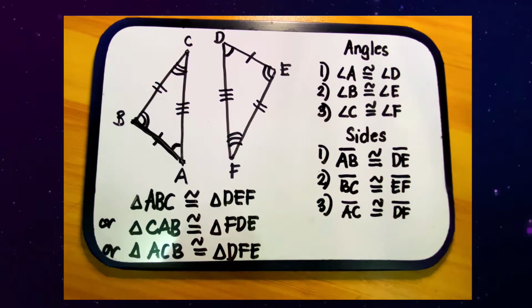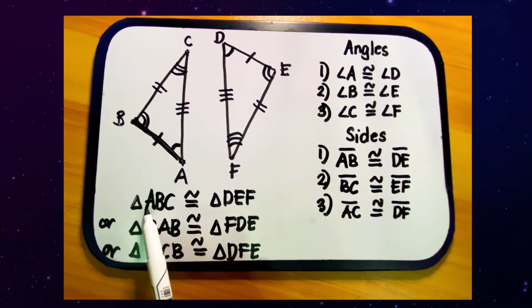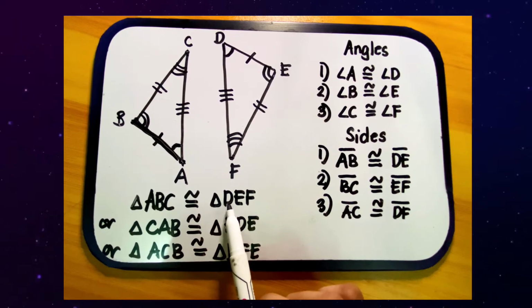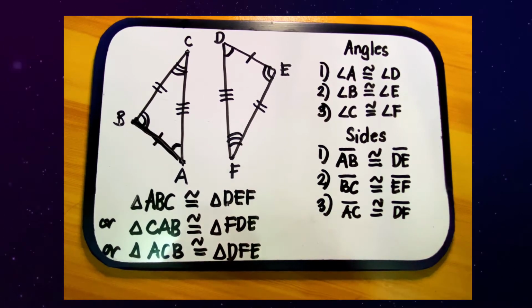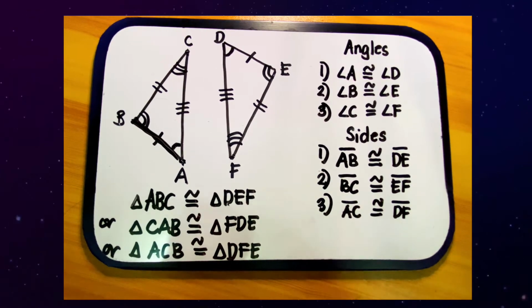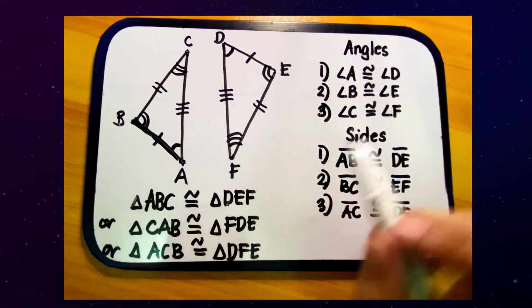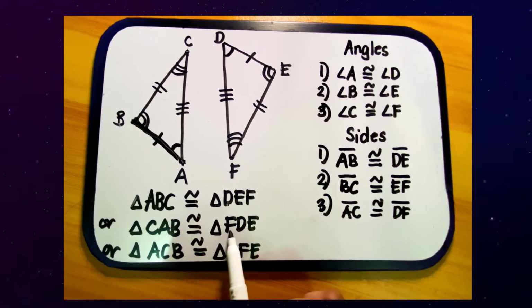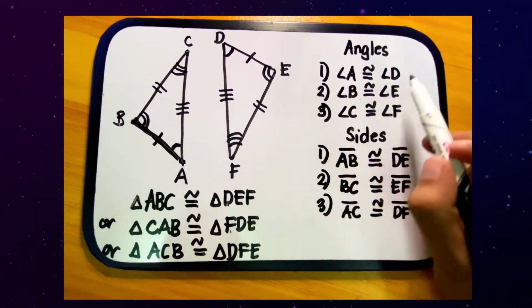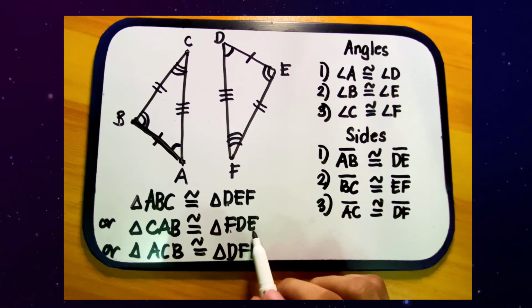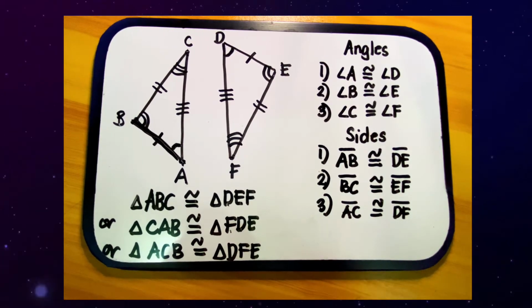If your first letter is A, remember that A is congruent to D, so the first letter here is D. If you write CAB, remember that C is congruent to F, so F should be the first letter. A is congruent to D, so D. Then B is congruent to E, so the last is E. Always remember that.